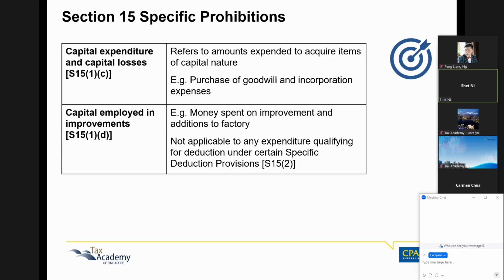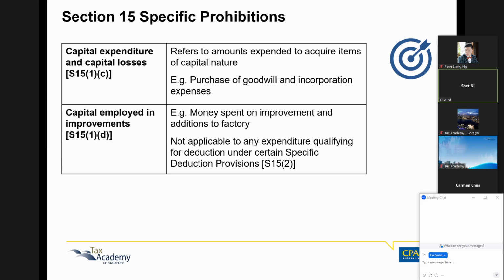If you look back, you can tie back to Section 14, where it can be deductible if it's not a capital expenditure. To quote an example, if I take a loan to buy equipment for use in my business, the principal sum is a capital expenditure, so repayment of the capital sum is a capital expenditure and not deductible under 15.1c.